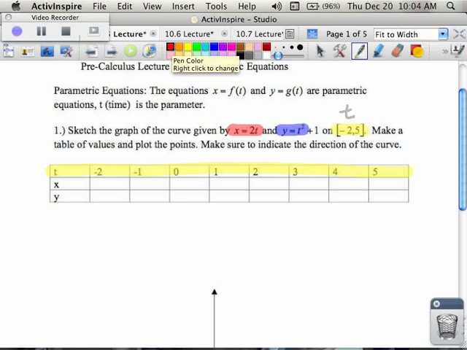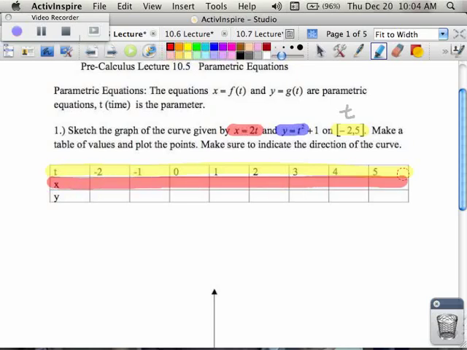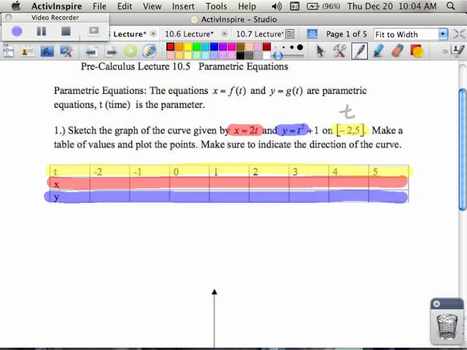My x values are here in my table, and my y values are going to be here. If I look at the equation x equals 2t and shove in a -2, out pops -4. If I shove in a -1, out pops -2. If I shove in a 0, out pops 0. So on and so forth.